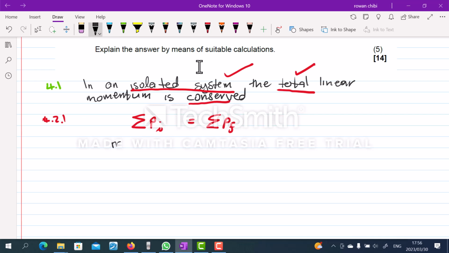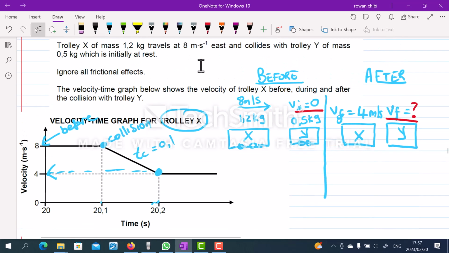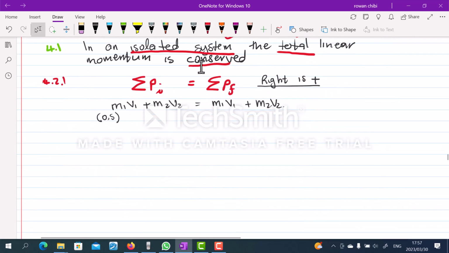So then we have m1 v1 plus m2 v2 is equal to m1 v1 plus m2 v2. So this is before, this is after. Remember, I forgot to write the direction here. Right is positive.